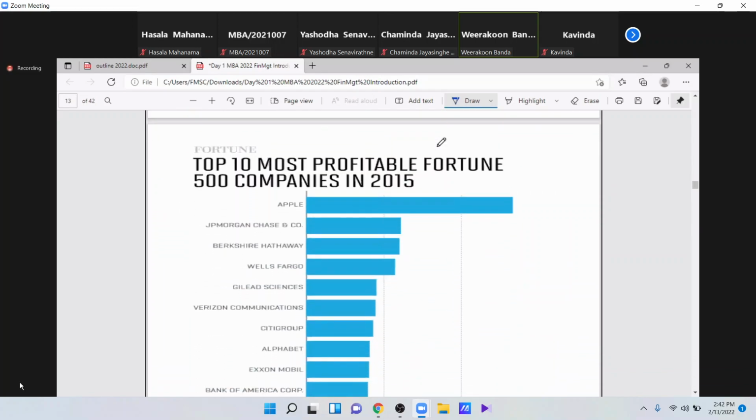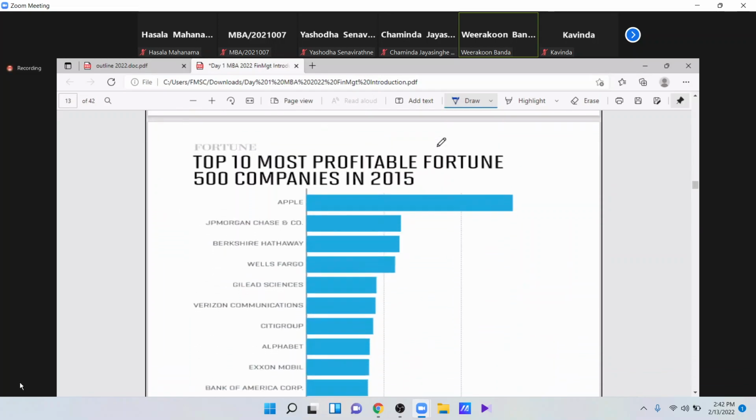Then, among other investment companies, S&P issues a particular magazine that indicates the Fortune 500 companies: the top 10 most profitable Fortune 500 companies in 2015. That is the investment company S&P, Standard & Poor's, which published Fortune magazine concerning the 500 companies.